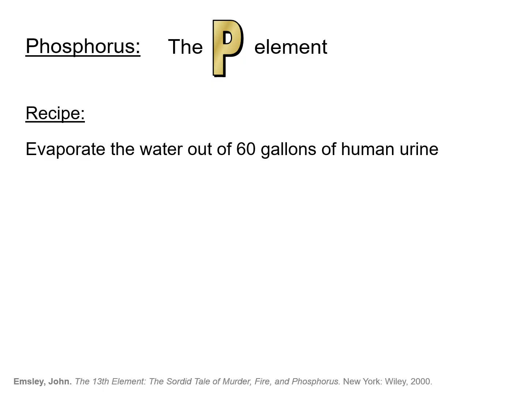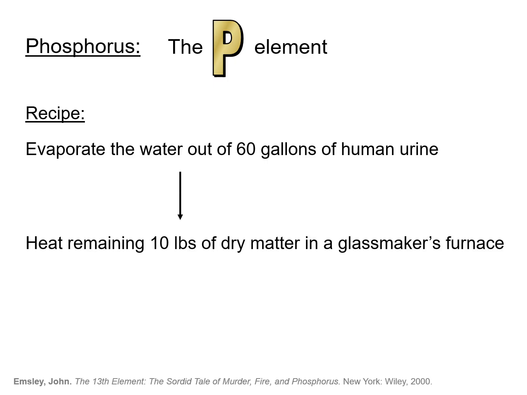we take the water, evaporate the water out of 60 gallons of human urine. Had to be human because the alchemists were convinced that there was some sort of vital essence in living organisms like humans. And then you heat the 10 pounds of dry stuff that you get after you evaporate all the water in a glassmaker's furnace.